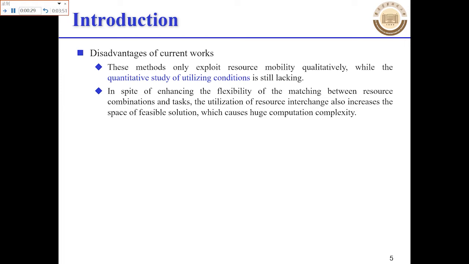Moreover, in spite of enhancing the flexibility of the matching between resource combinations and tasks, the utilization of resource interchange also increases the space of feasible solutions, which causes huge computation complexity.